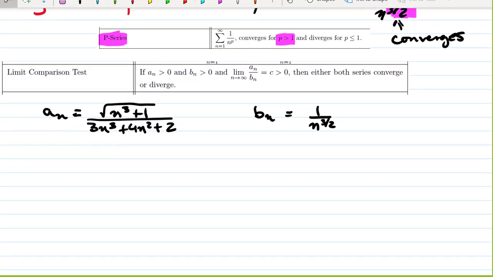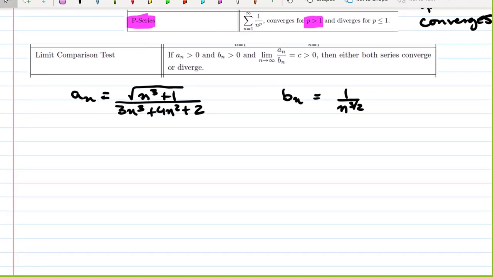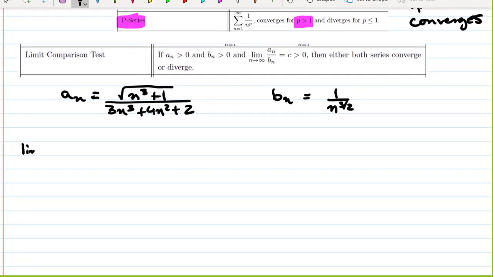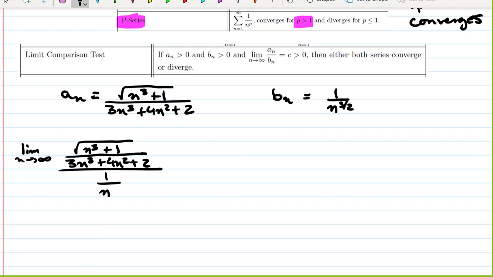And we take the limit as n goes to infinity of the a_n over the b_n. So that gives us the square root of n cubed plus 1 over 3n cubed plus 4n squared plus 2 divided by 1 over n to the 3/2.